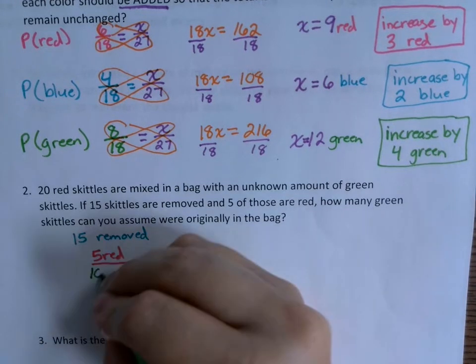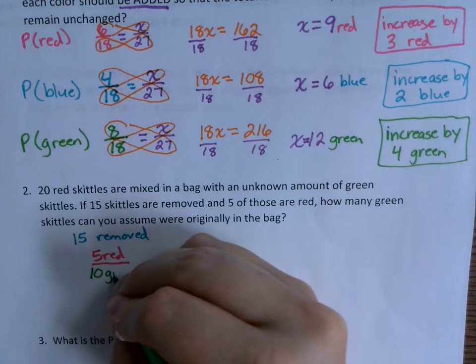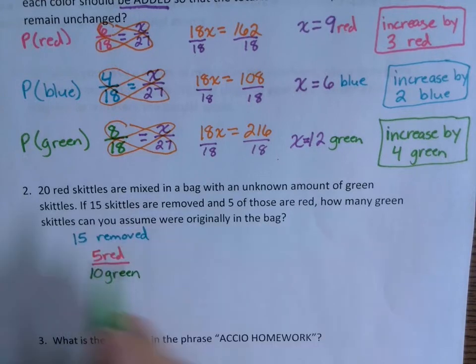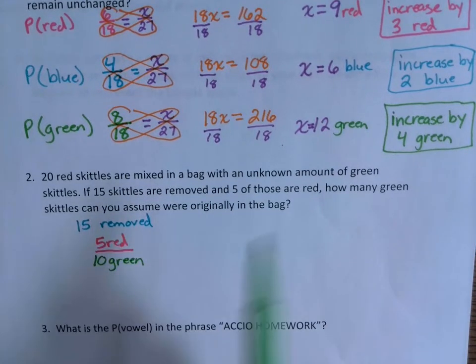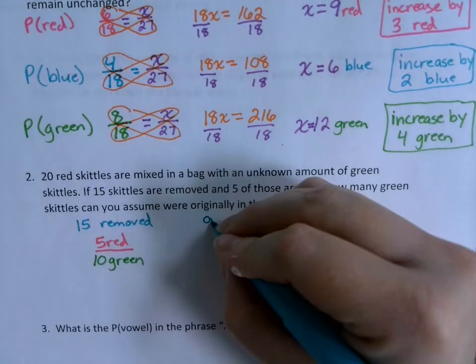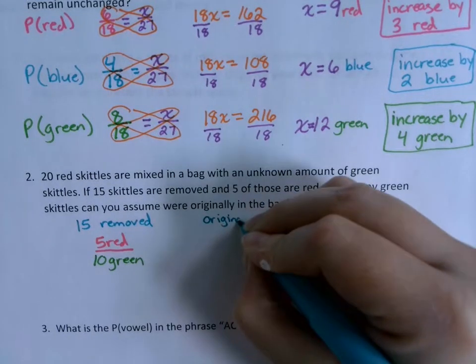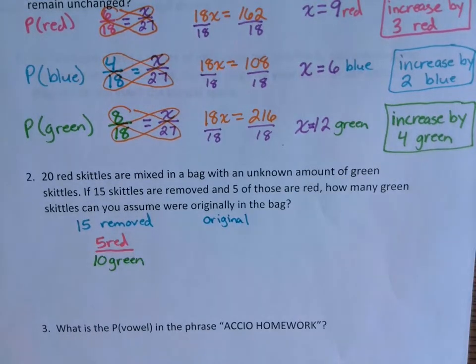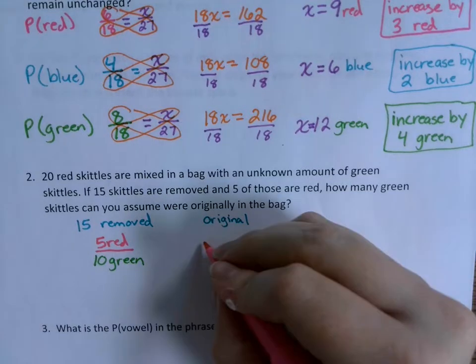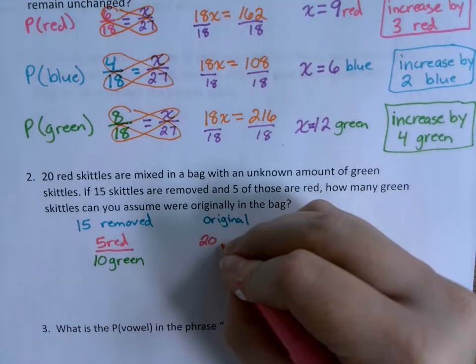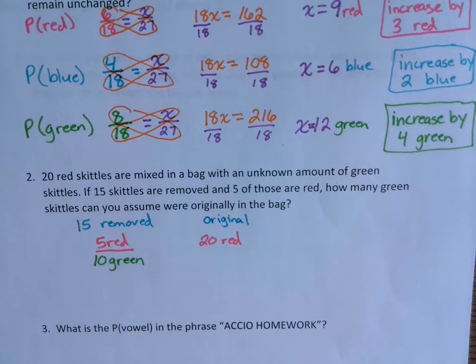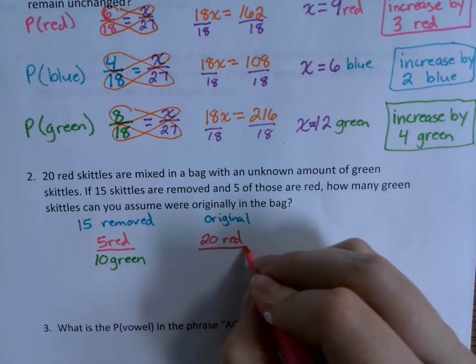This is based off of the 15 that were removed from the bag. Now, when we're talking about the original bag, prior to removing anything, we know that there happened to be 20 red Skittles that were in the bag. What we don't know was how many green Skittles there were in the bag.